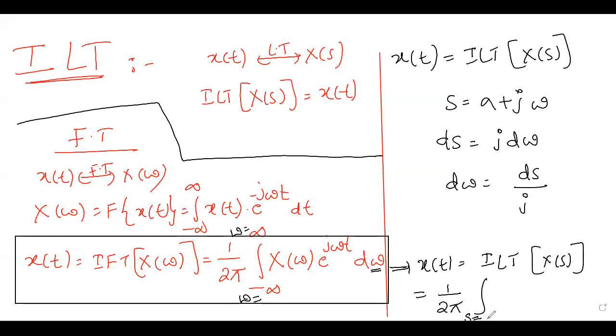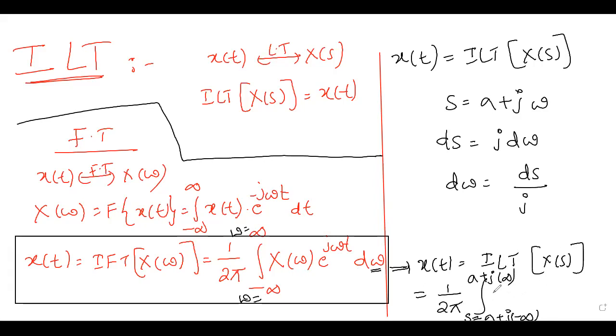What is s? We have sigma plus j omega. Omega value is minus infinity to infinity. So the s values are sigma plus j minus infinity to sigma plus j infinity.